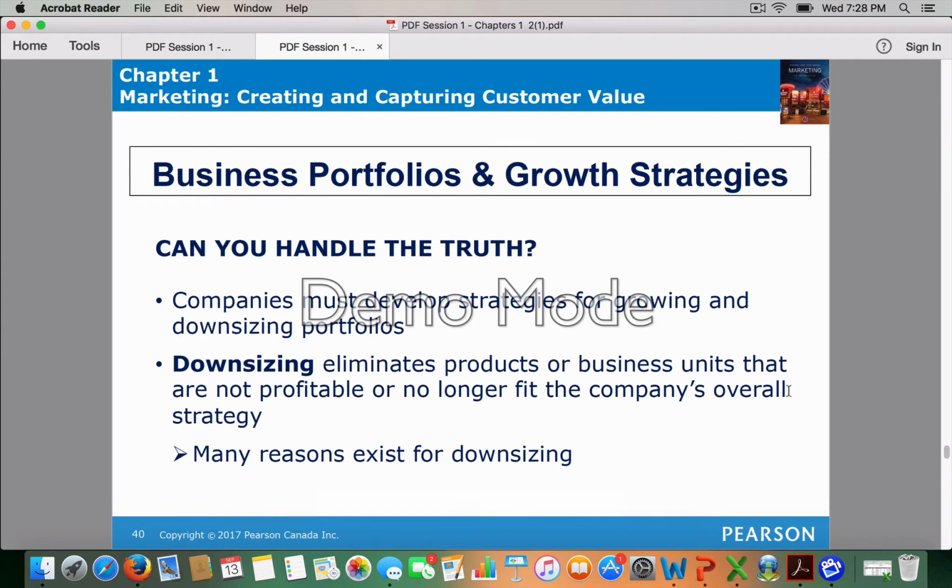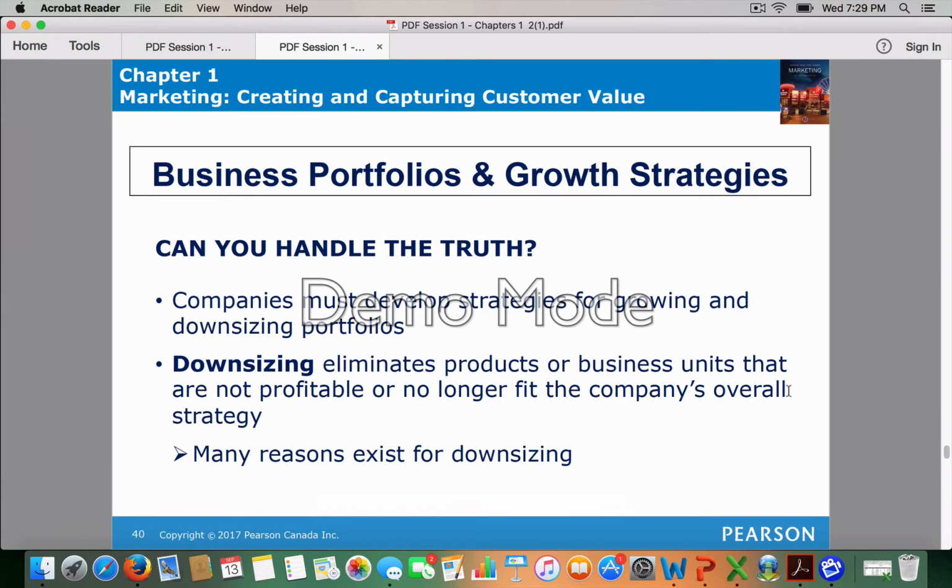The next thing we want to talk about is making those really tough decisions and looking at growth and where the growth opportunities might be. It is important to recognize that tough decisions sometimes need to be made, especially if you have products in your product or business portfolio that aren't really performing, and the likelihood of being able to turn them around and make them into high performing products or brands is very limited.